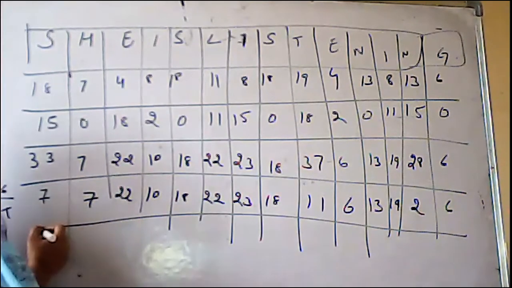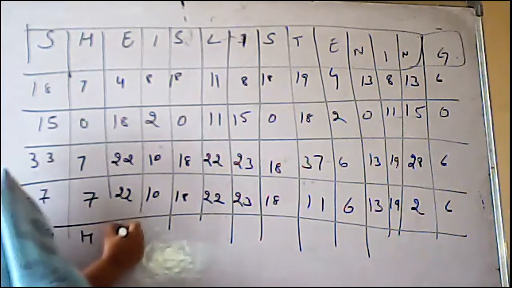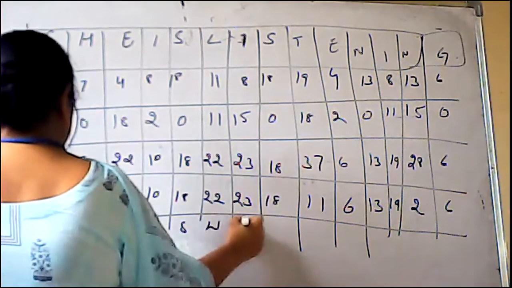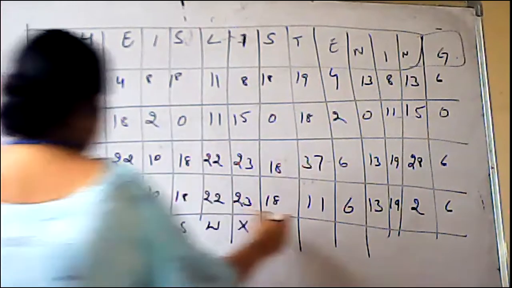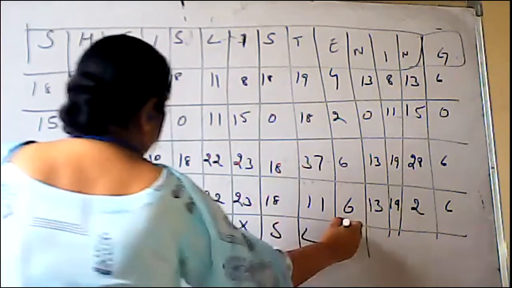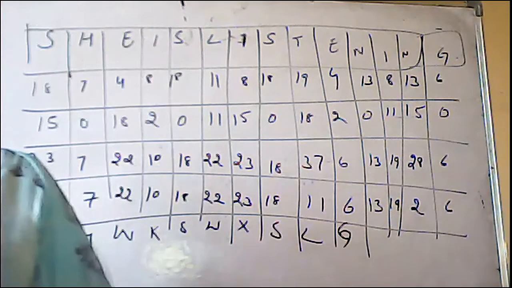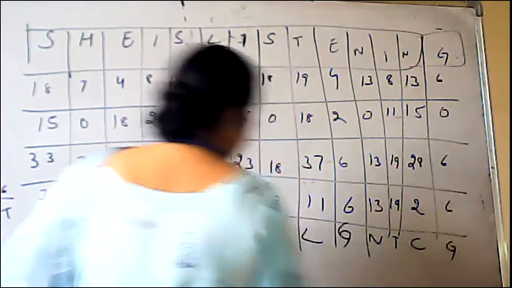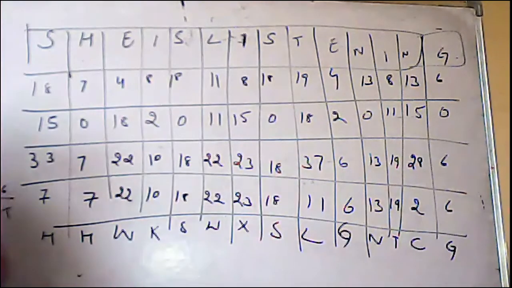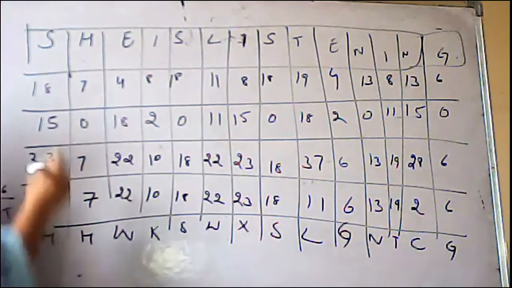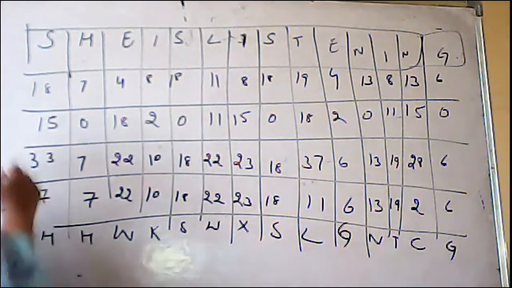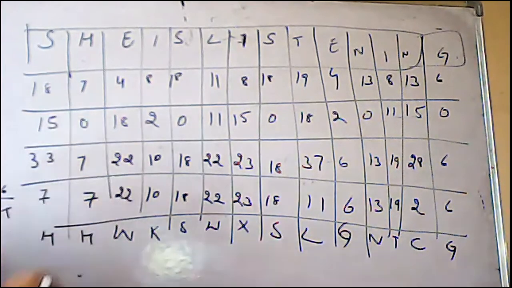Corresponding ciphertext would be H, H, W, K, then S, W, X, then S, L, G, N, T, C, and G. This is what the ciphertext would be. I repeat: she is listening, convert it into the code, then repeat the key until the end, then add it up and subtract where it is greater than 26.